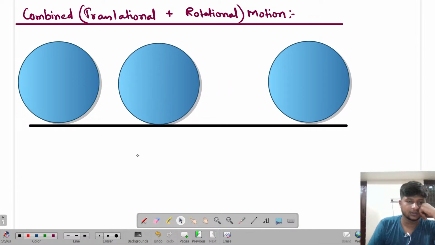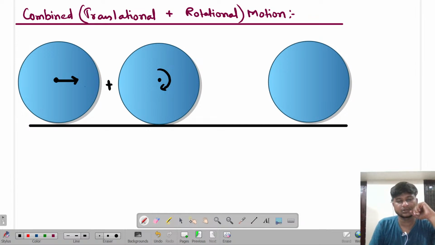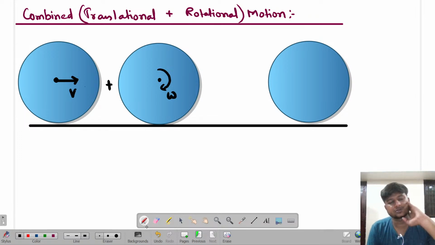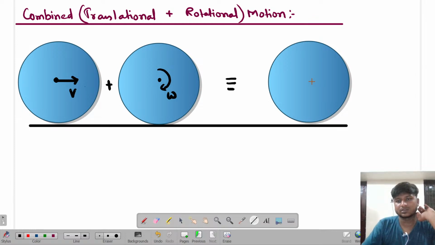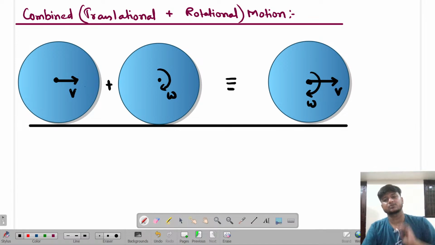Now see, let's suppose there was a ball which was moving forward, and this ball is also rotating. Let's suppose this has velocity v and angular velocity omega. Then such a motion is called combined translational plus rotational motion.